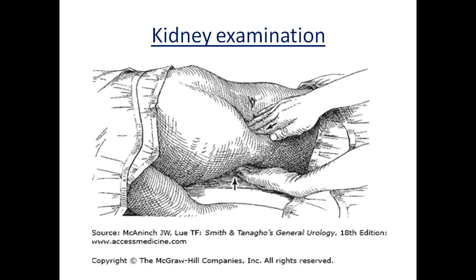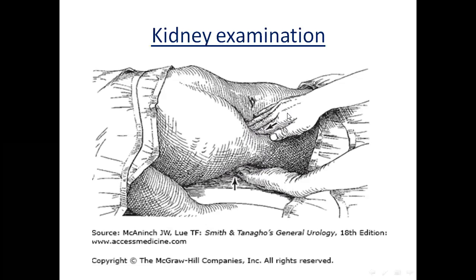Look, this hand is usually placed at the costovertebral angle, and this hand is usually a pushing hand, while this hand is a palpating hand. While the patient is taking deep breaths, you try to palpate the kidney and feel the lower edge of the right kidney.